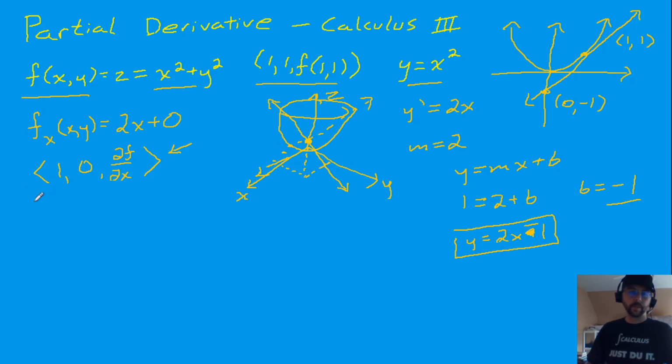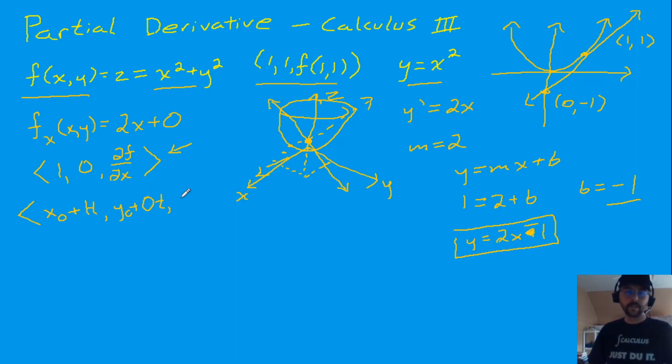The actual formula, though, that we're going to plug in to use this direction information is x0, our starting x value, plus our direction times t. And the same for the y: y0 plus the direction, which is 0, times t.